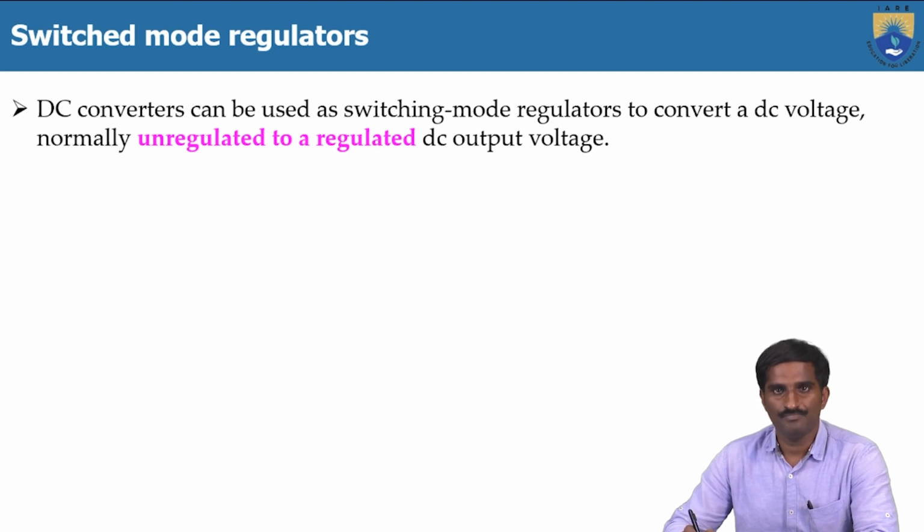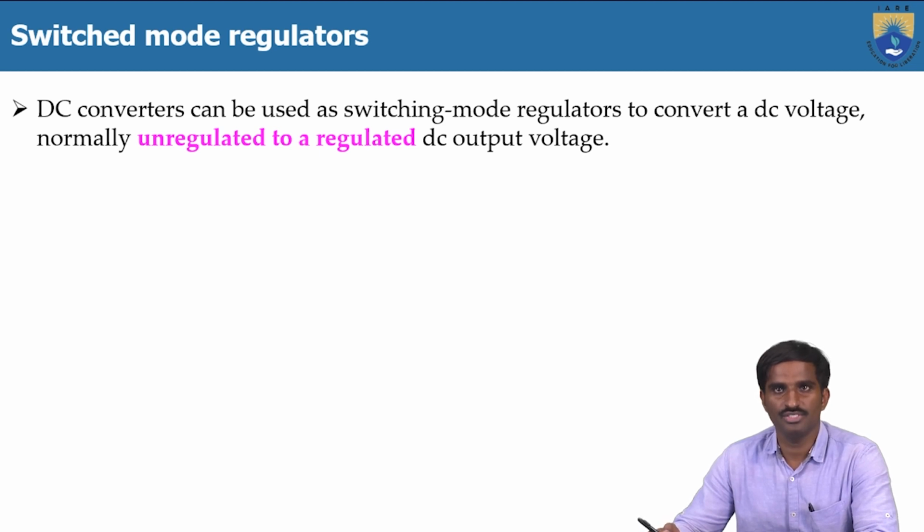Usually, as we know, DC to DC converters can be used to convert fixed DC to variable DC. But that variable DC may or may not be regulated, which means sometimes it may be unregulated. But if we use these switch mode regulators, we can get the regulated DC supply.